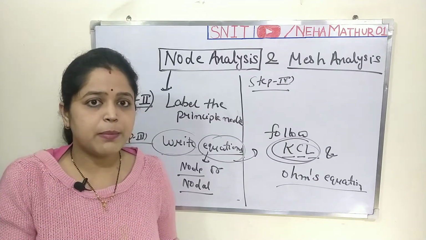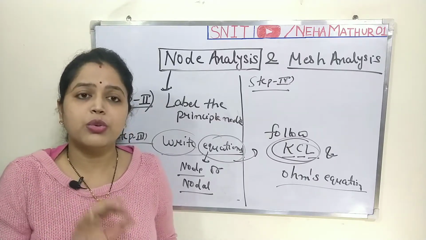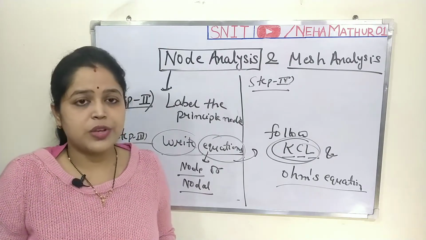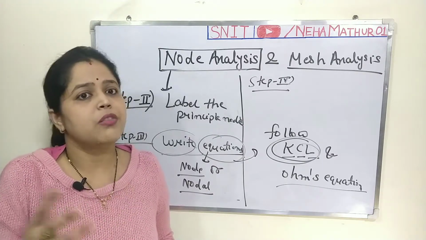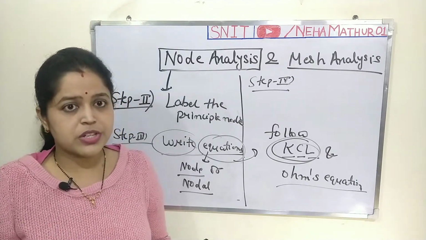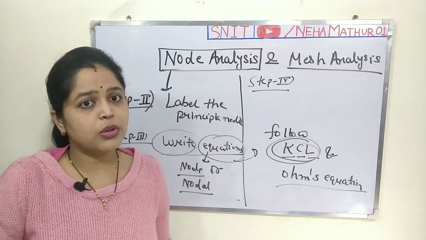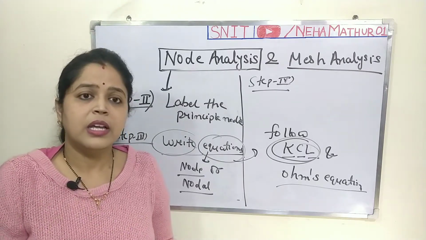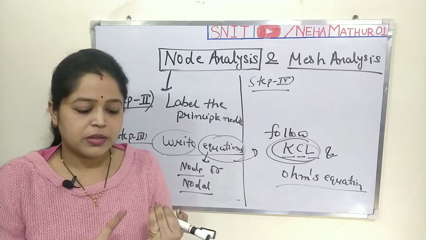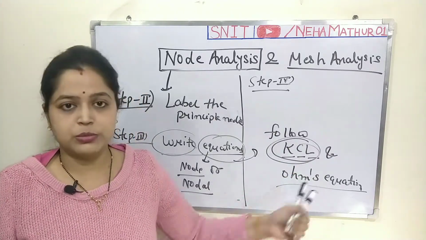In the third step, after the labeling, you will have to write the nodal equations. The number of nodal equations depends on the number of principal nodes. If you have 4 principal nodes, you will have to write 4 equations. If you have more than 4 or less than 4, you will write all these nodal equations in terms of KCL and Ohm's law.